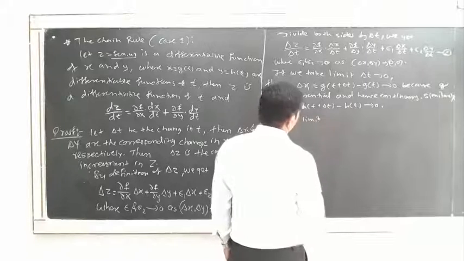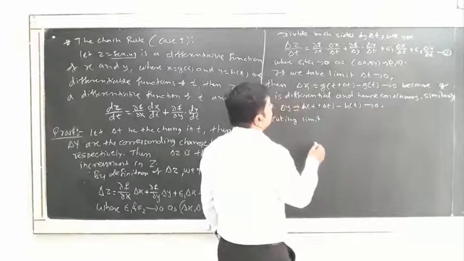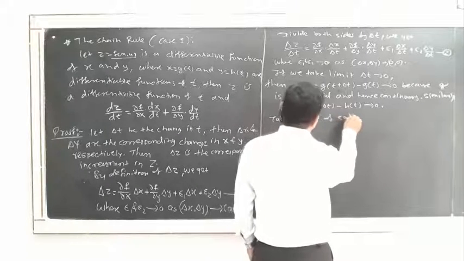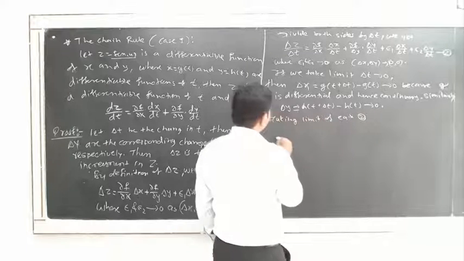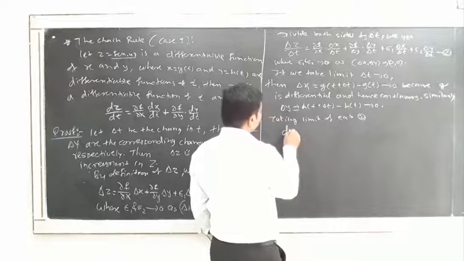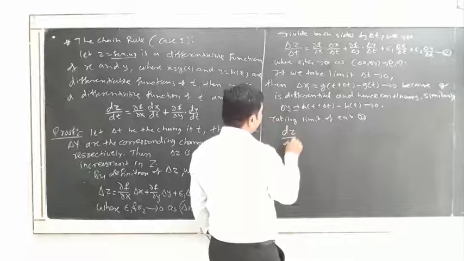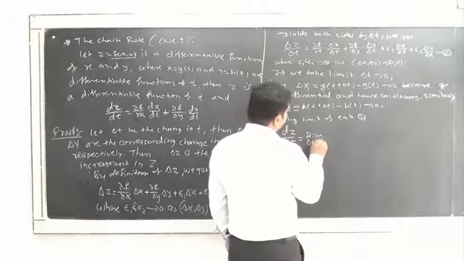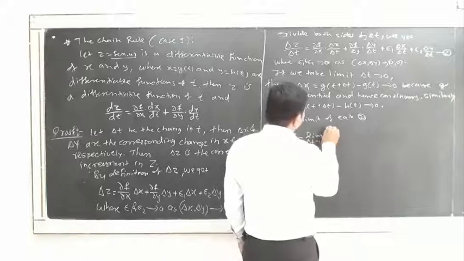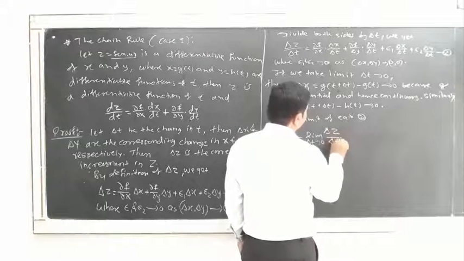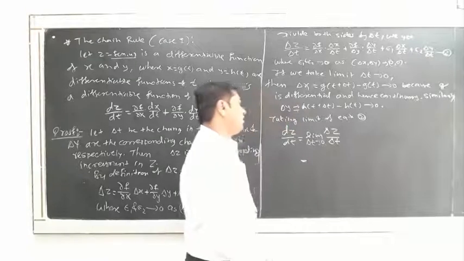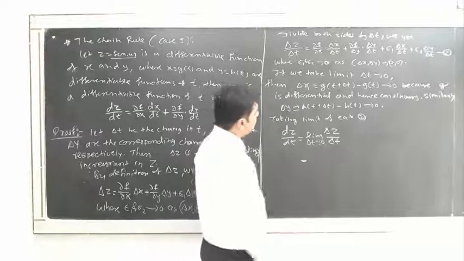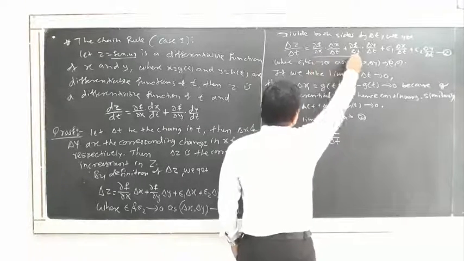Taking the limit of equation 2, dz by dt is equal to limit delta t tends to 0 of delta z by delta t. It is nothing but the limit of this.